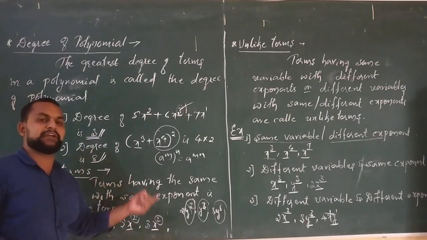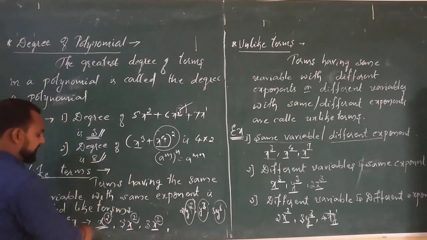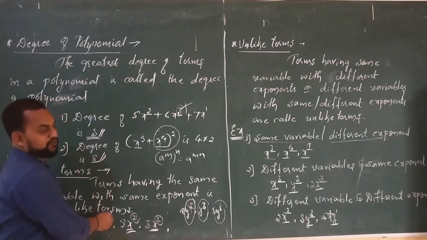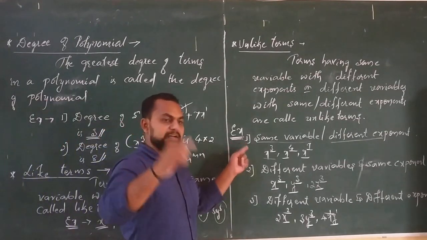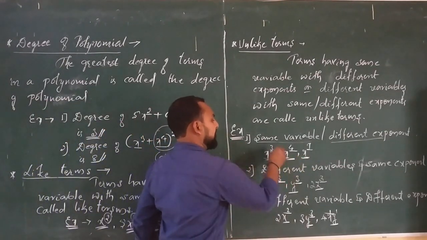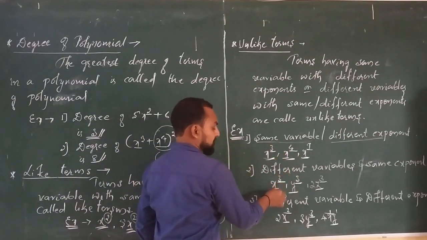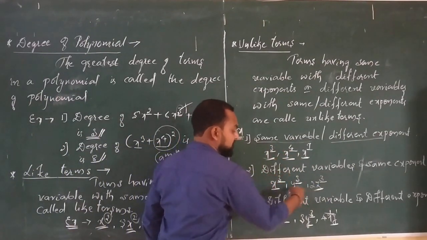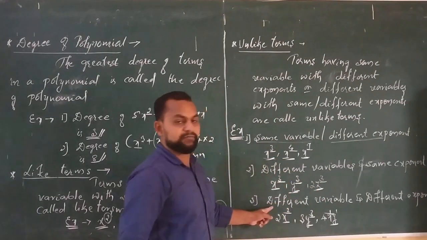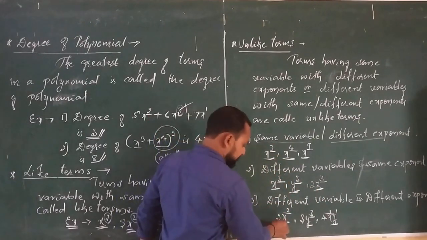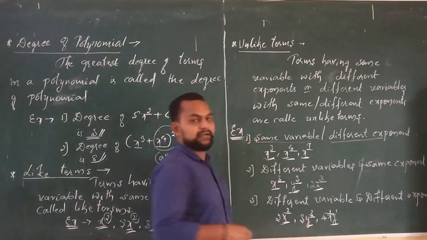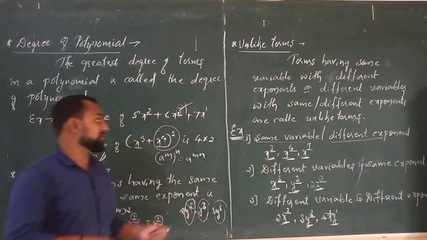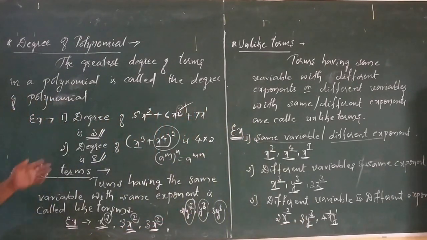Like terms are terms having the same variable and same exponents. Unlike terms: the first is same variable, different exponents; the second is different variables, same exponents; and the third is different variables and different exponents. Then this is the concept of degree of the polynomial, like terms and unlike terms.